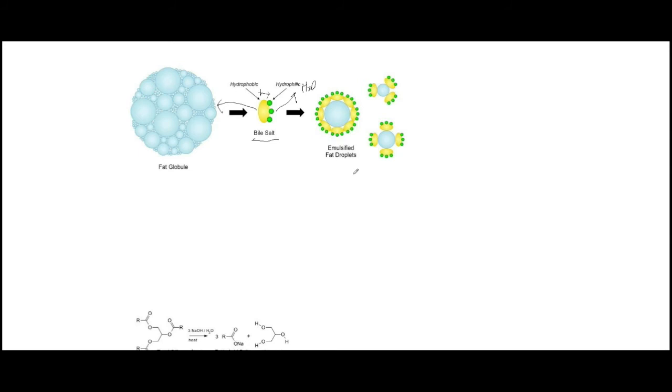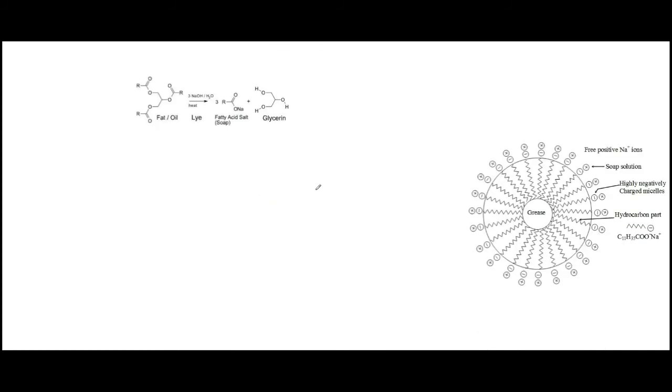And there's a similar mechanism when we talk about soap. And soap is basically just fats that we then add lye or sodium hydroxide to, and that actually takes the glycerin off and gives us fatty acids.